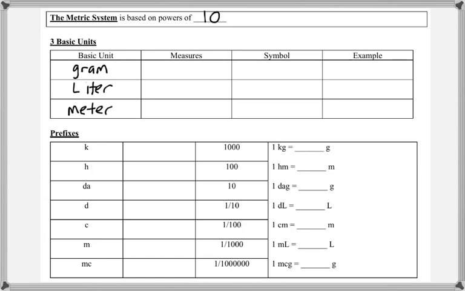So the gram measures mass, the liter measures volume, and the meter measures distance.